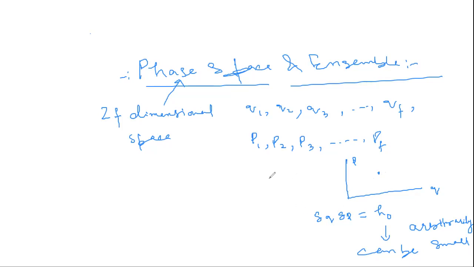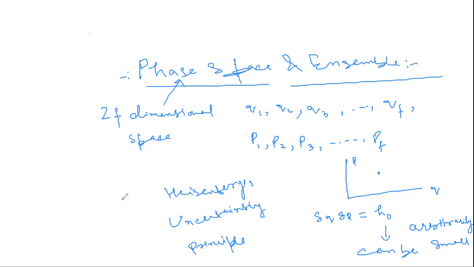But in quantum mechanics, there is a restriction on this specification, and that restriction is given by Heisenberg's uncertainty principle, which says that it is not possible to specify the position and momentum of a particle simultaneously to an arbitrary accuracy.